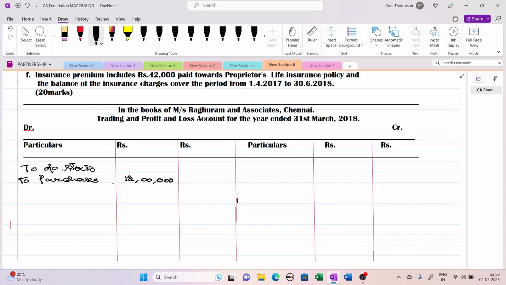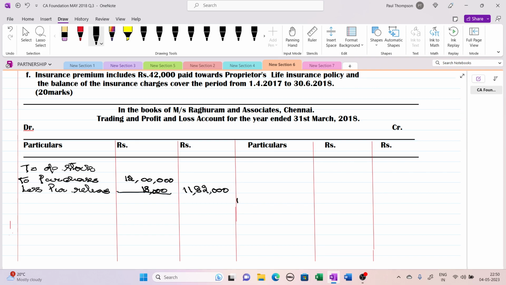Next item they have given purchase returns. So this will be less purchase returns, that is 18,000. So the figure comes out 11 lakh 82,000.